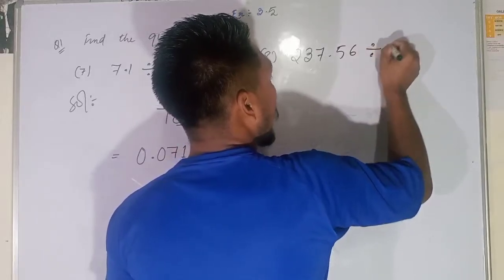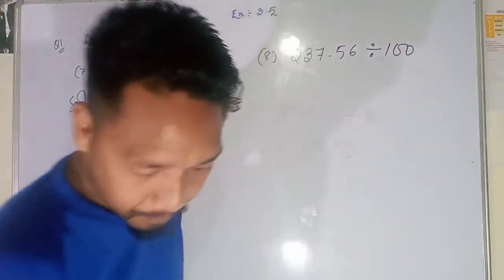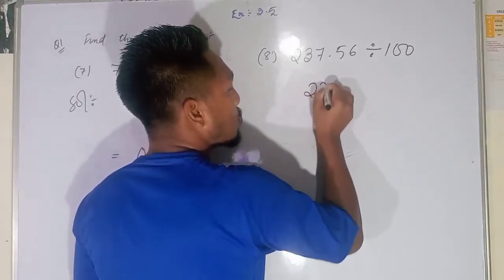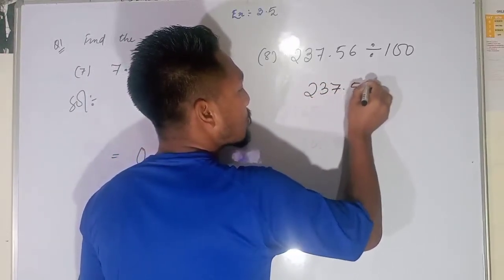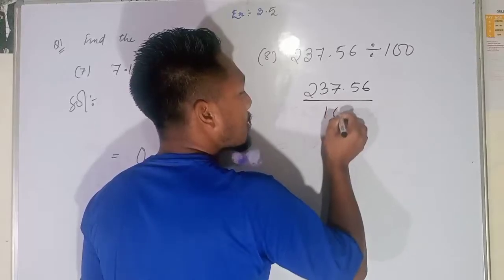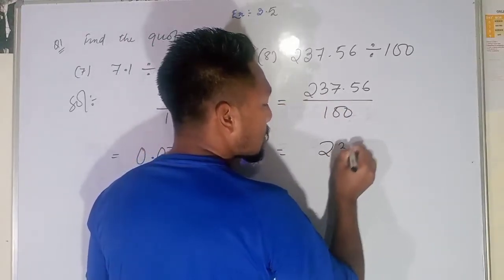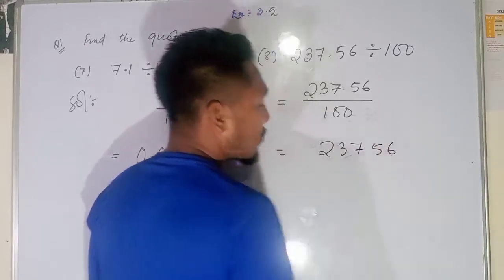Similarly, the next question: 237.56 is divided by 100. So I can write this as 23756.